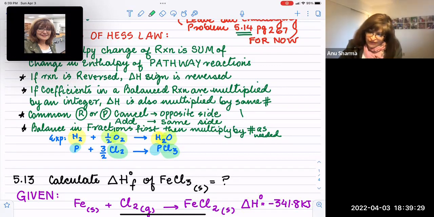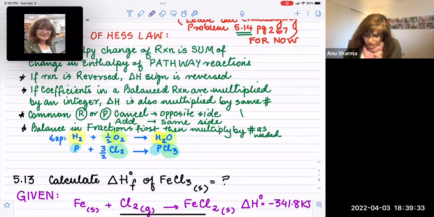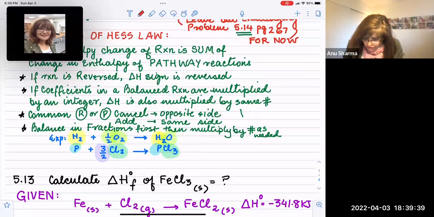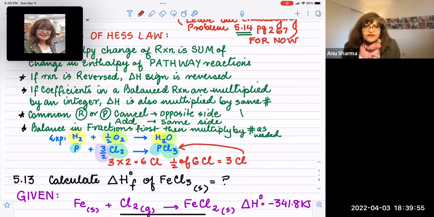That is the reason we put 3 by 2 on this side. 3 by 2 would mean that first you have 3 times 2, which is 6 chlorines, and then half of 6 chlorines is equal to 3 chlorines. That is what you have here. So this is how it balances up.